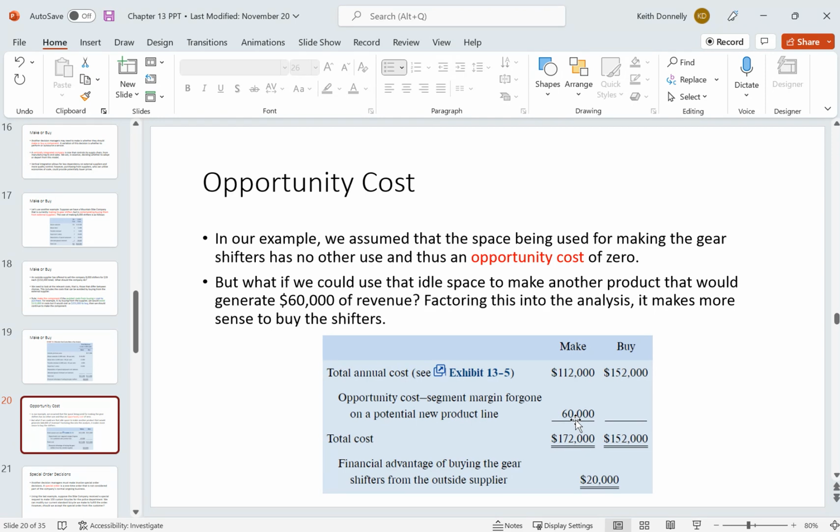You can't do two things at once. So the total cost is going to be $1.72 versus $1.52. In this way, it's actually cheaper to buy it from the outside supplier. So again, for make or buy, you have to look not only at the relevant costs, but also, if given to you, the opportunity cost.